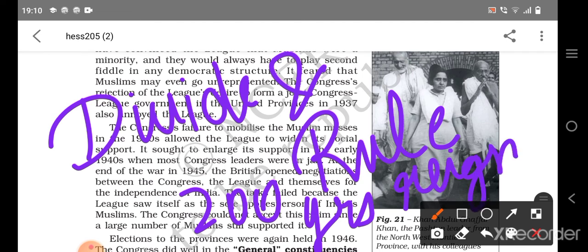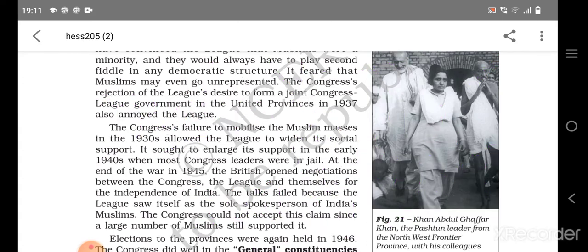So they always followed this policy, and even when they were about to go, they again followed it, and they somehow opened negotiations between the Muslim League and the Indian National Congress. But they were also supporting the INC leaders somewhere, because the INC leaders were correct according to the British. So that is what happened.